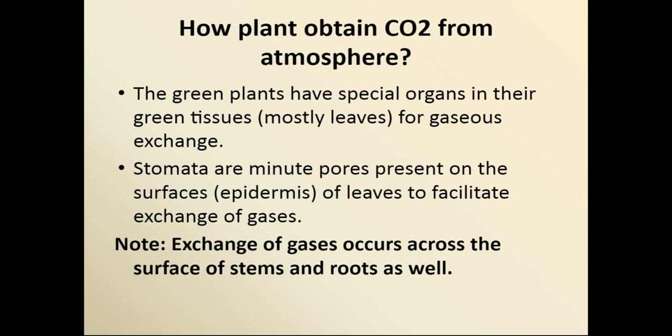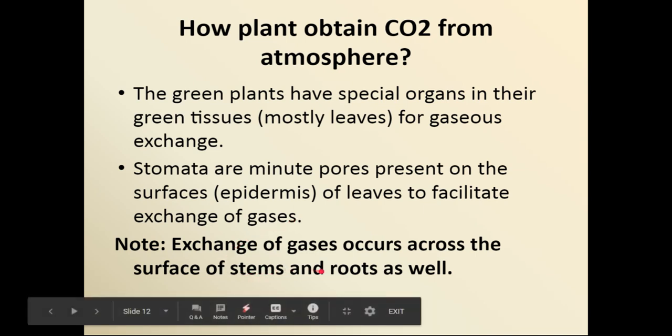You have to remember stomata is responsible for exchange of both gases, that is intake of CO2, which will serve as a raw material for the process of photosynthesis, and O2 is going to be released as a byproduct of photosynthesis.